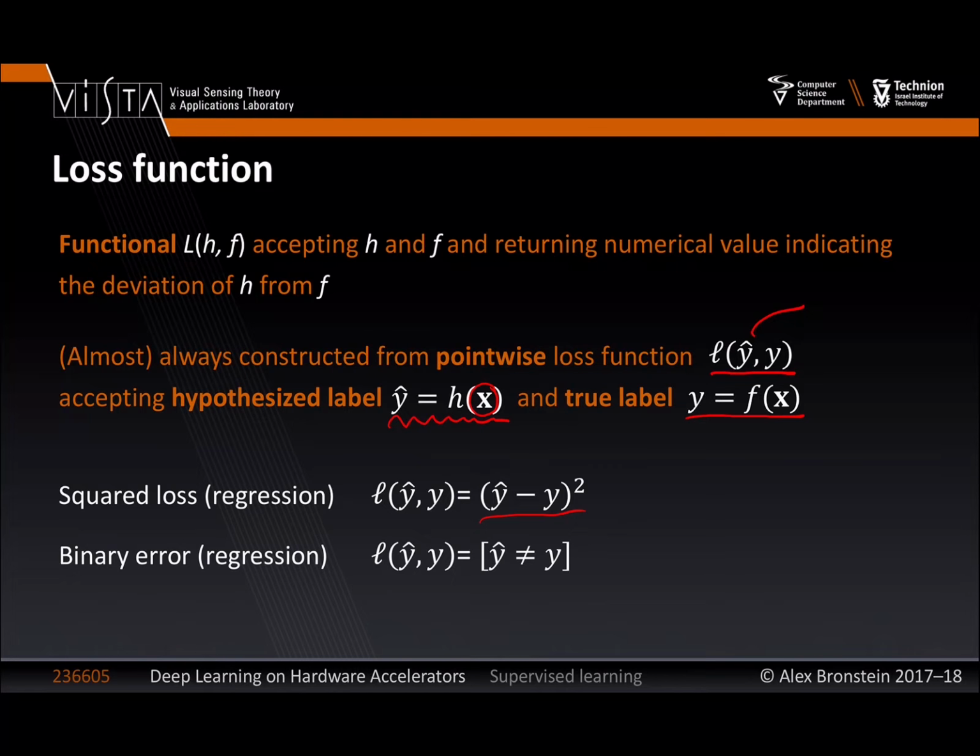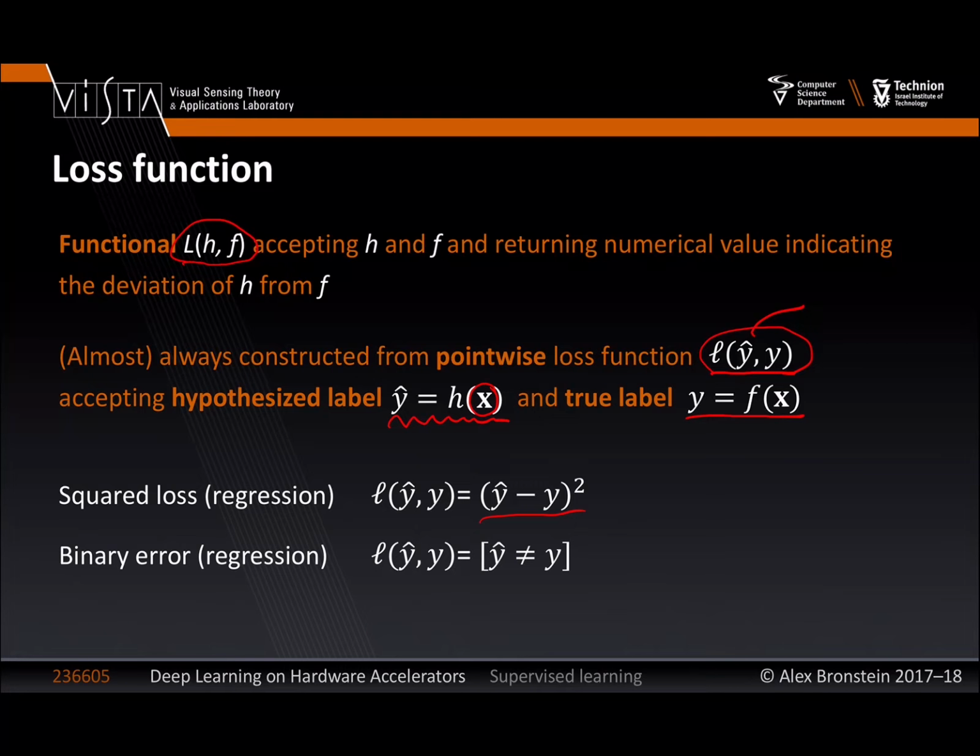So basically, this functional accepts h as a function, a mathematical object that is a function, and gives me some quality measure of how well it fits another function f. Okay, so it's some distance between two functions. The way I'm going to build this distance between the functions is to evaluate the distance between the functions at a given point x. Okay, and this is the pointwise loss l that I'm defining here.